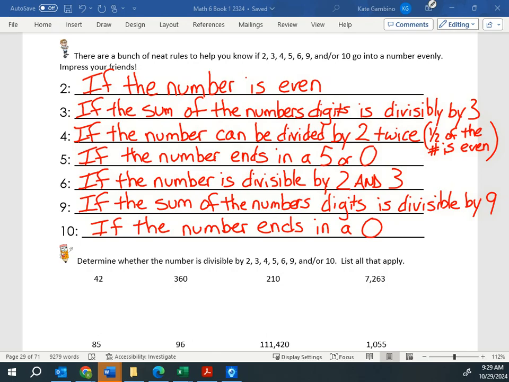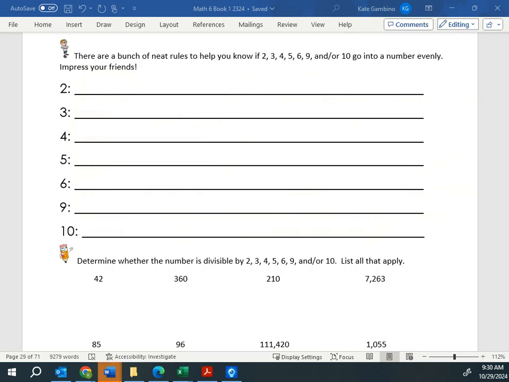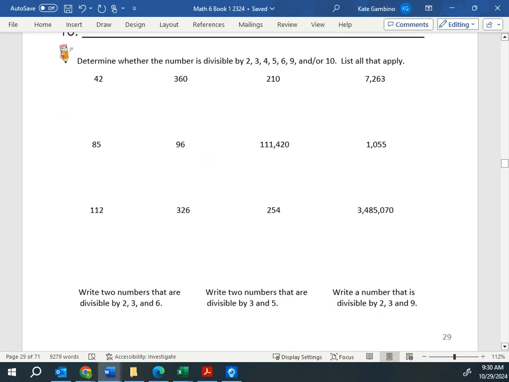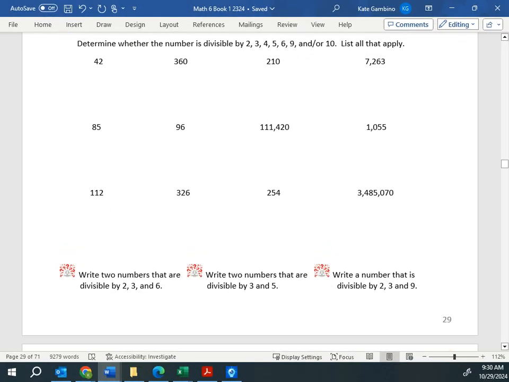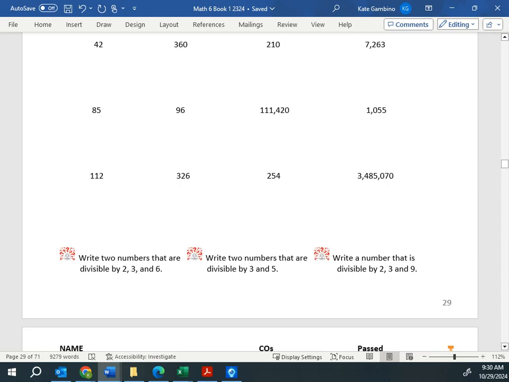So let's see how we use these rules. Let's get a little practice in. I'm going to scroll up. Determine whether the number is divisible by 2, 3, 4, 5, 6, 9, and or 10. List all that apply.